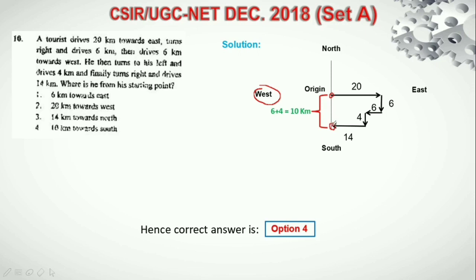So this can be easily calculated from here. So this is 6 and this is 4. So 6 plus 4 is 10 kilometers. So this means driver will be 10 kilometer away from his starting point. So option 4 will be the correct answer.